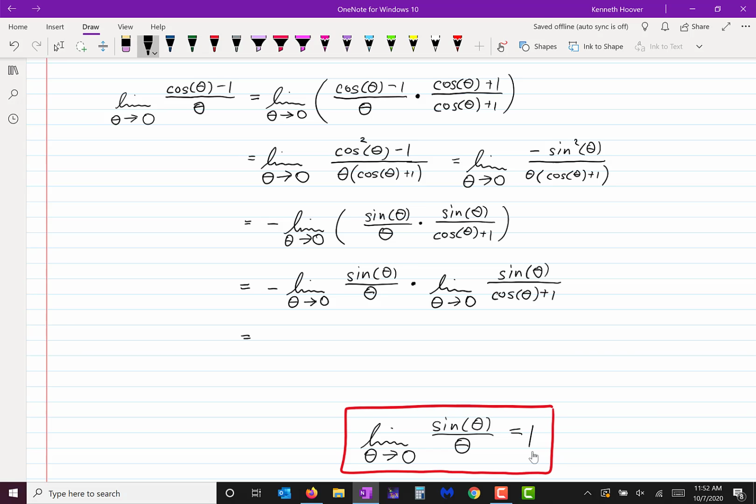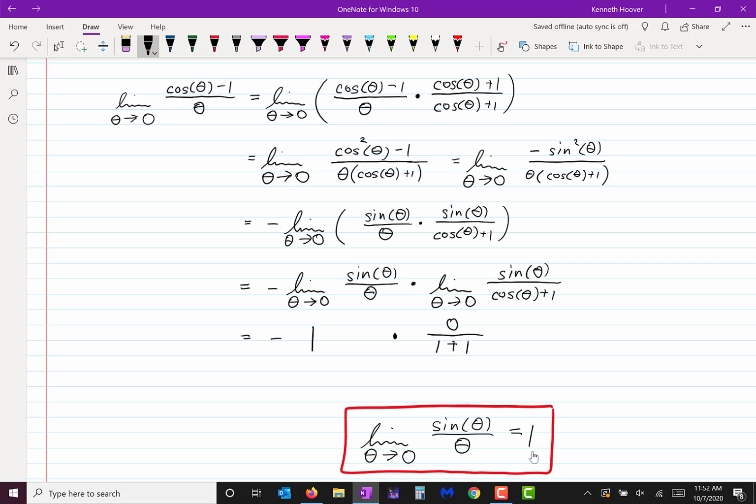Okay, what do we get? So we get negative. This guy right here we just figured out a few minutes ago. And now I know that that limit's 1. And this limit is simple. That's going to equal 0 over 1 plus 1.